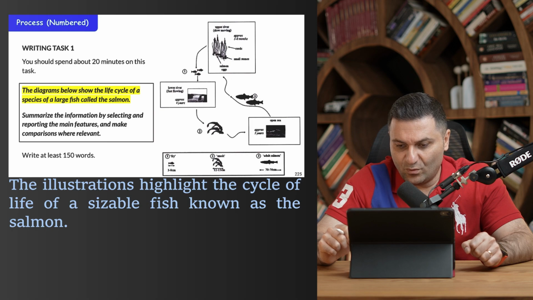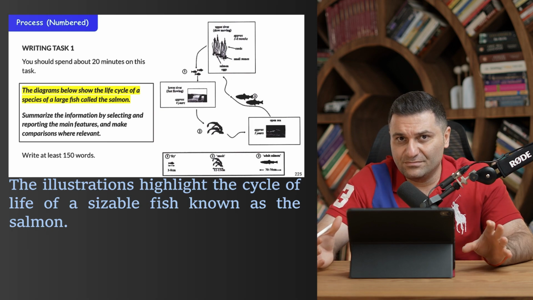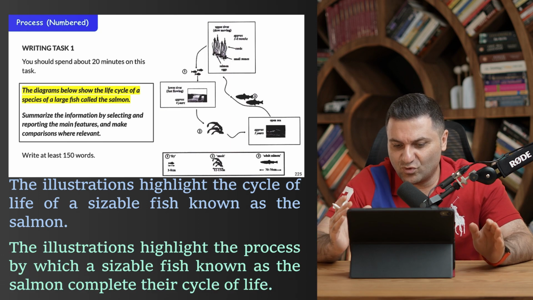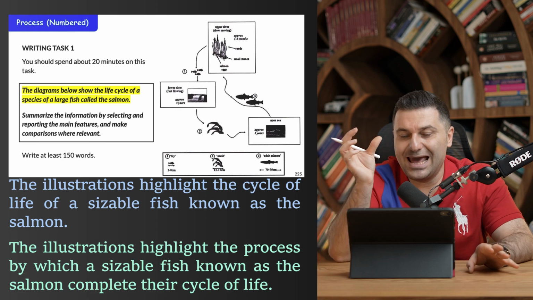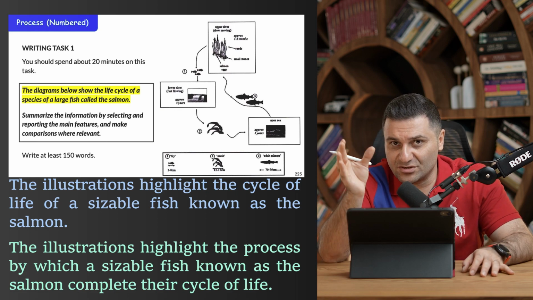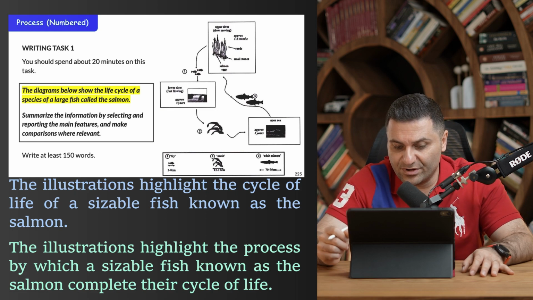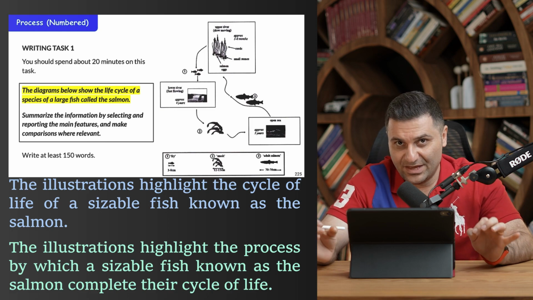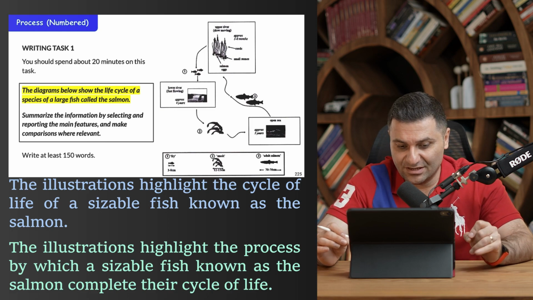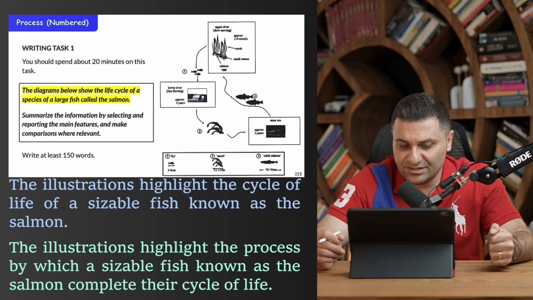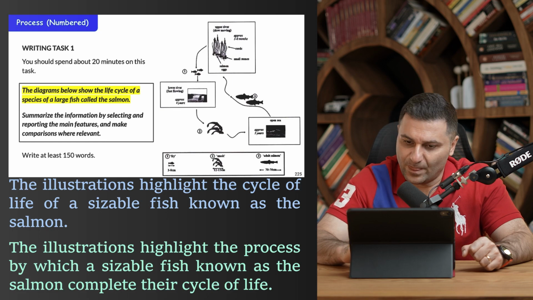We change the sentence a little bit, and our opening sentence will be this one: The illustrations highlight the process by which a sizable fish known as the salmon complete their cycle of life. So we add this useful phrase, the process by which. That is a good opening sentence. I read it again. The illustrations highlight the process by which a sizable fish known as the salmon complete their cycle of life. All right, that's it.